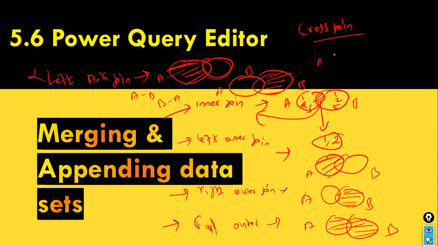For example, in table A, you have something like 1, 2, 3, and in B, you have something like 1, 5, 6. What will happen is each value of table A will get mapped with every value in table B. So 1,1; 1,5; 1,6; 2,1; 2,5; 2,6; 3,1; 3,5; 3,6. So this is your cross join.